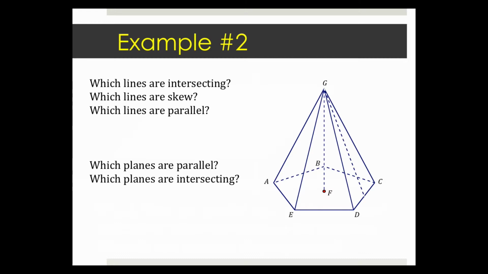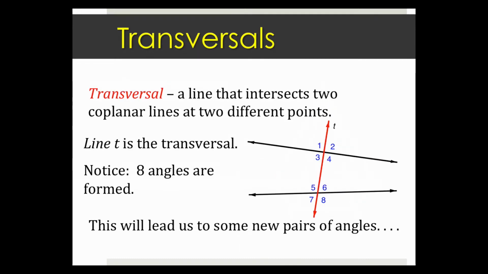Elephant, aardvark, goat, and grasshopper, eel, donkey. Solid. Good. And what's the intersection between those 2 planes? EG. Elephant, goat. What kind of thing would elephant, goat be? A segment, a line, or a ray? A line. Beautiful. We good? Nice. All right. New word, transversal.